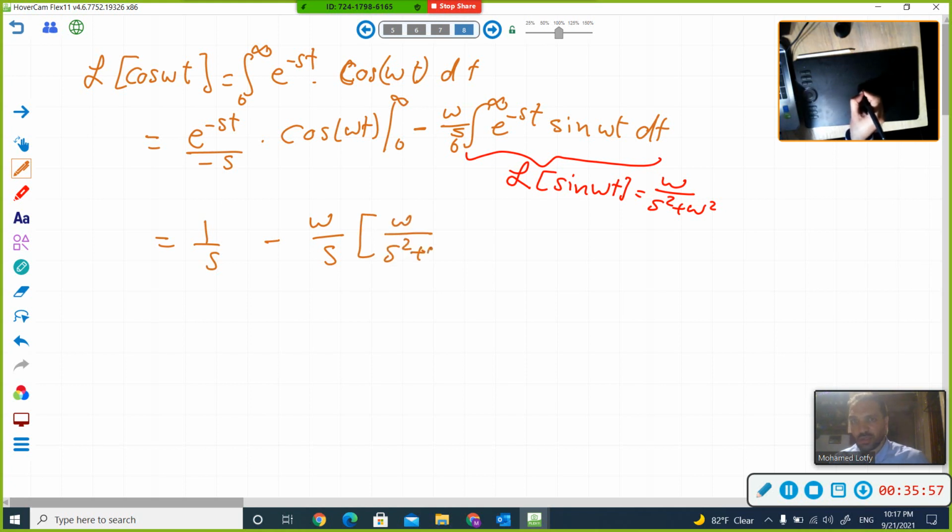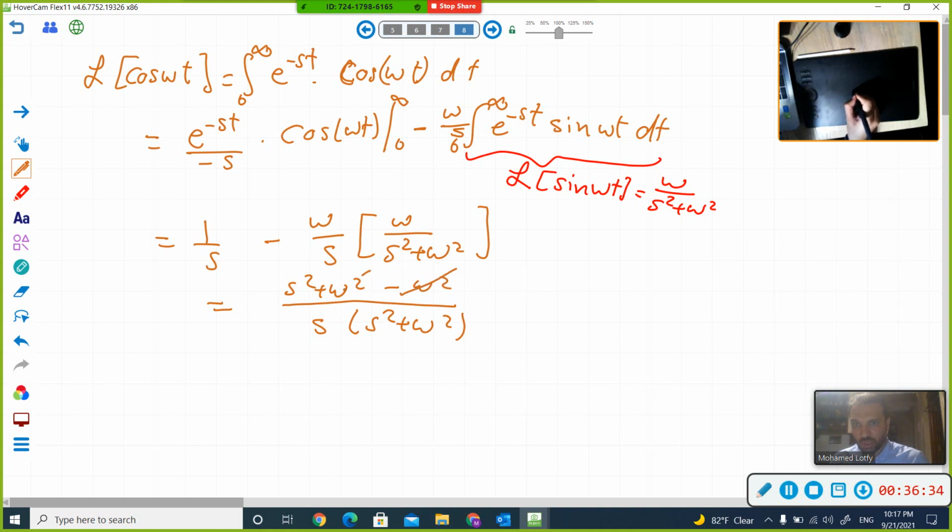Combining them together will give you s times s squared plus omega squared in the denominator. So this one will be s squared plus omega squared, and this is minus, the denominator is the same, so minus omega squared.